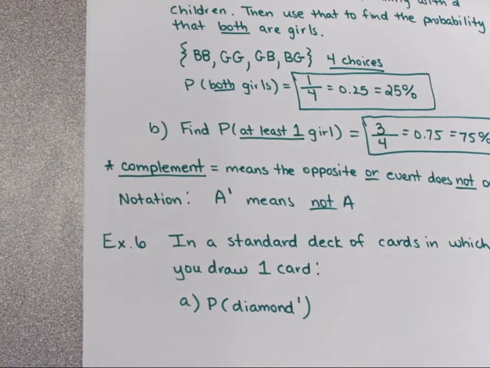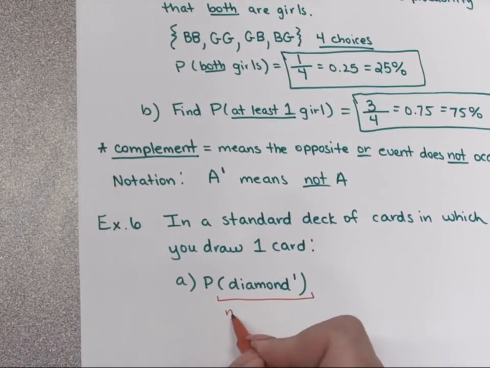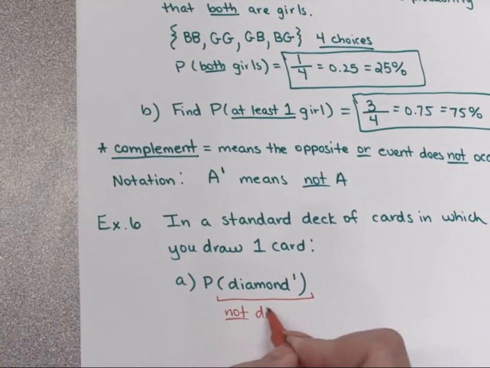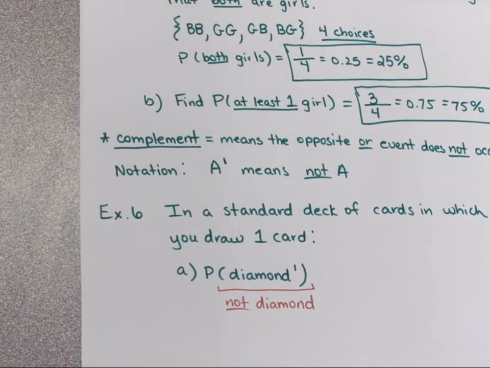Okay, so what does that read? What does that mean, or how does that read? It means not diamond, right? It basically means any other kind except for diamond.